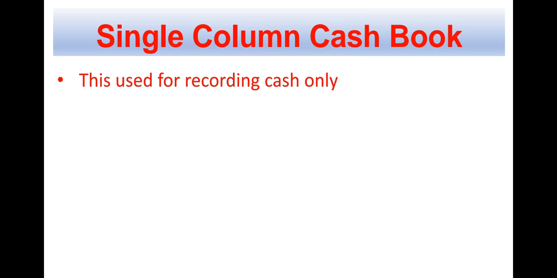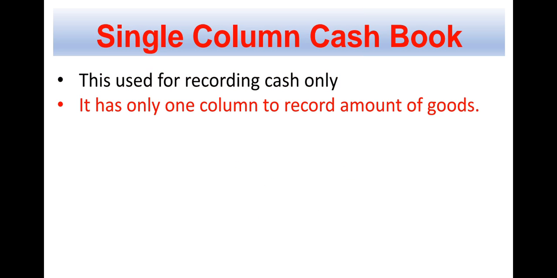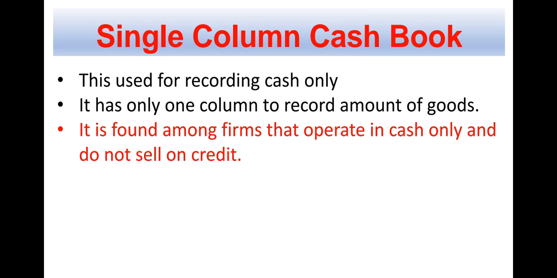The business is not collecting cheques. That is, it has only one column for recording amounts. It is found among firms that operate in cash only, that do not sell on credit or by cheque. So that's what it means.